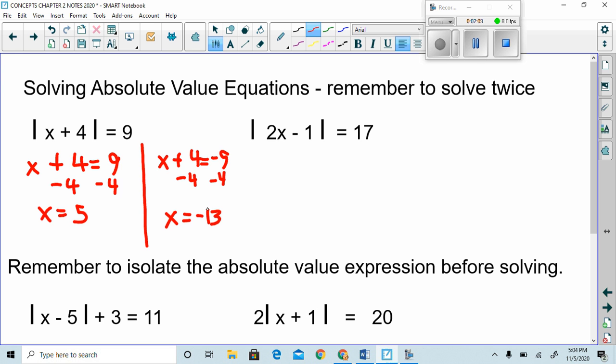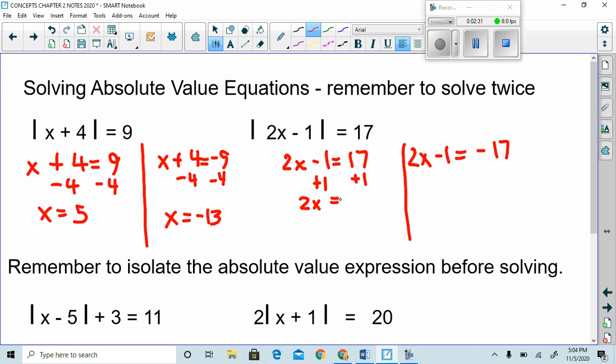Two possible solutions. If we look at our next problem, it's a two-step, and I'm going to have 2x minus 1 is equal to 17. And remember, I have to do it twice, so I have 2x minus 1 is equal to -17. Since it's a two-step, we'll first add 1 and divide by 2.